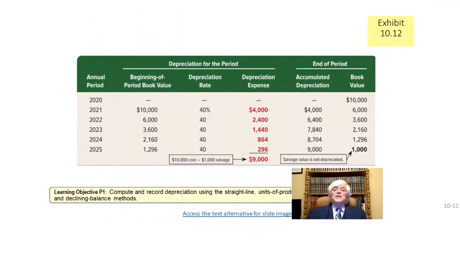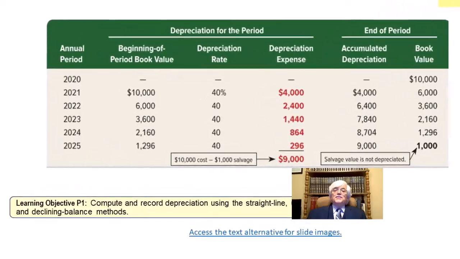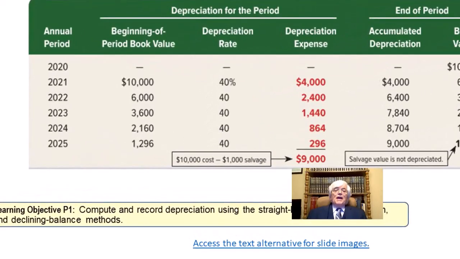Notice that the depreciation expense decreases each year. This is because annual depreciation expense is equal to 40% of the beginning book value, and book value decreases every year as accumulated depreciation increases. Now look at the depreciation expense for the last year. The amount is $296, but 40% of the beginning book value would have been $518.40.